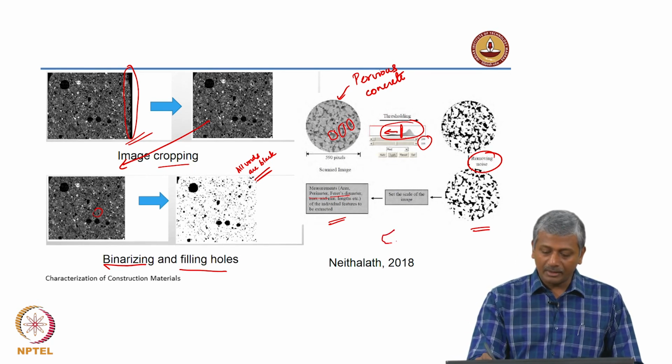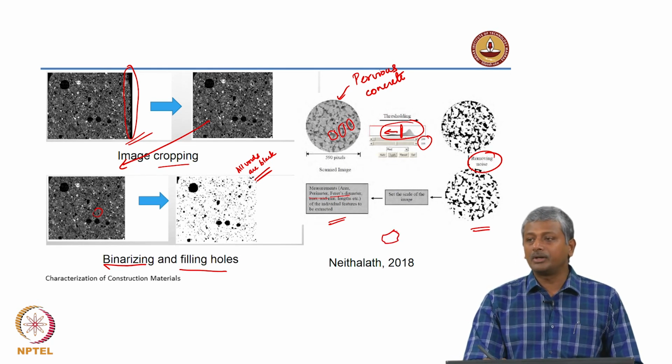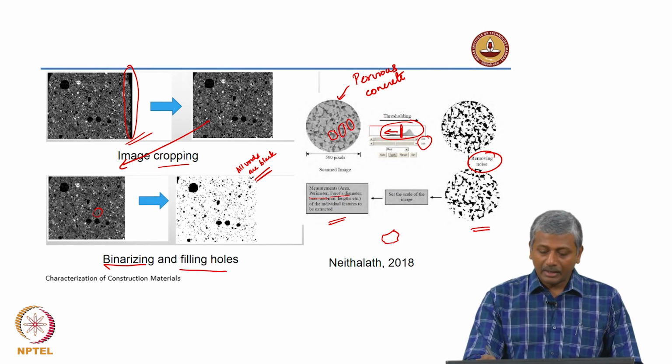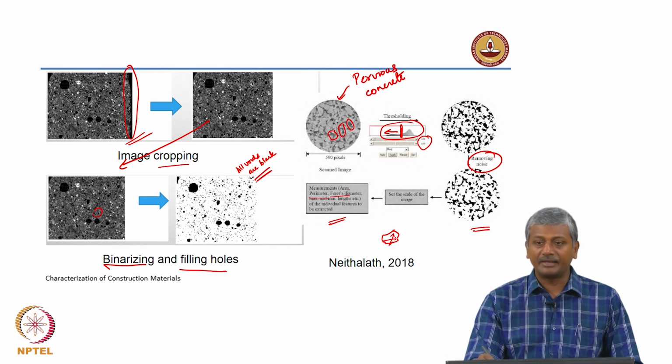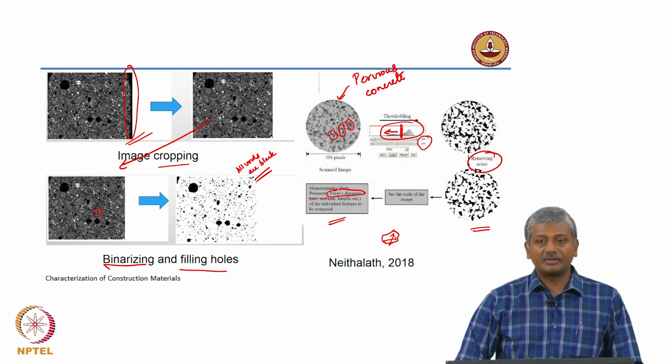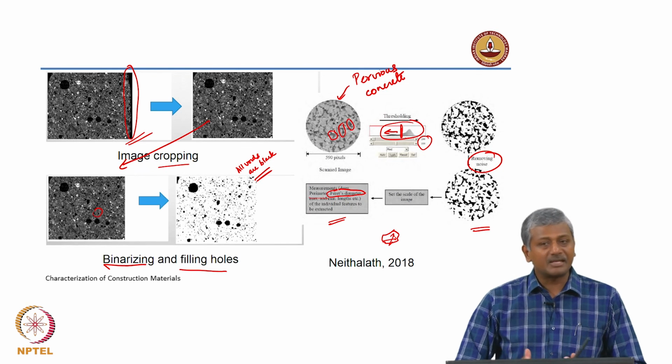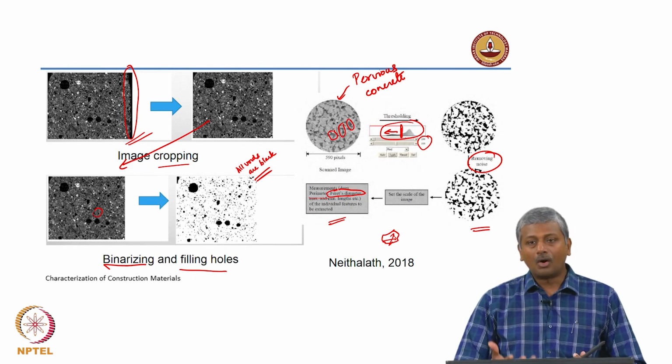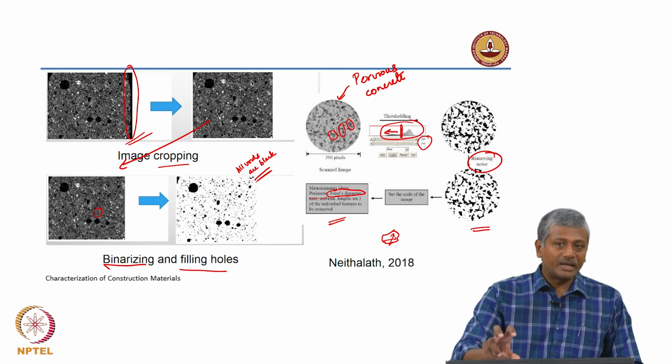Since the void is irregular, you do not have a diameter of the void, but you need to convert the irregular feature into an equivalent diameter. For that you need to take measurements across different lengths and you end up with what is called Feret diameter, F-E-R-E-T, Feret diameter. Okay.